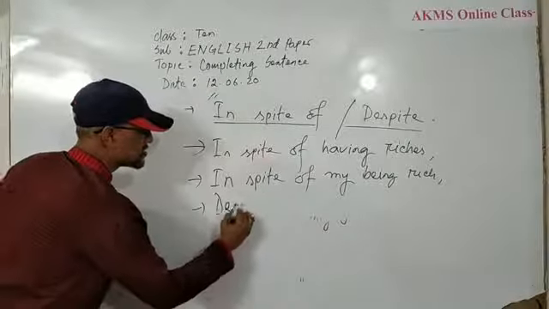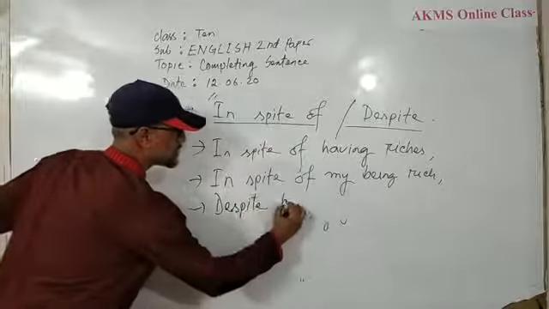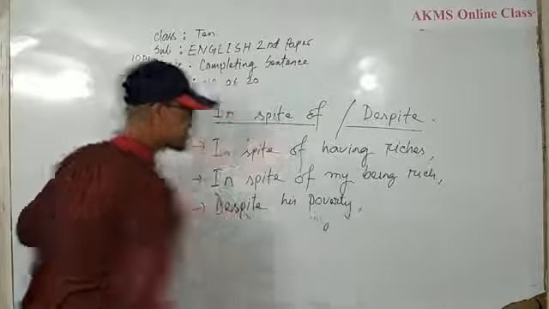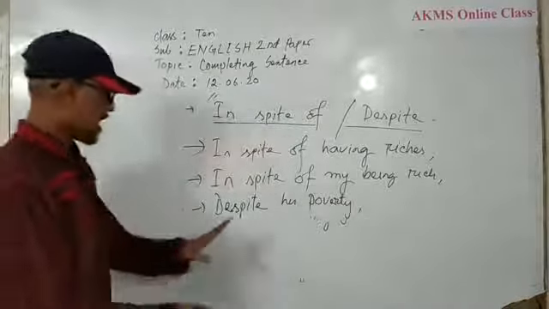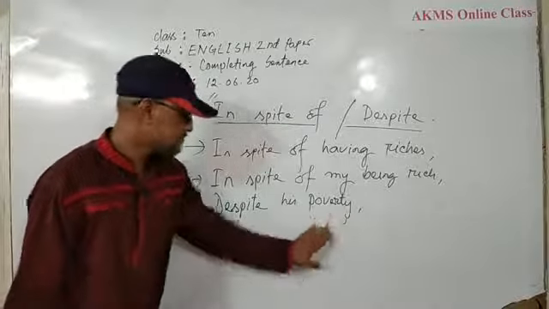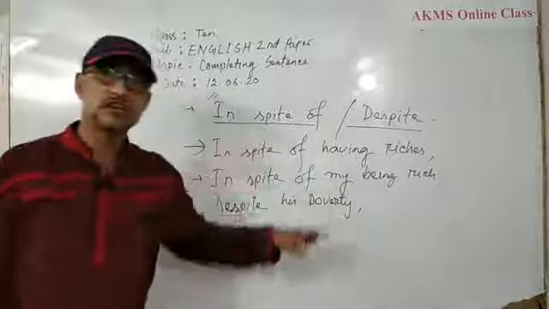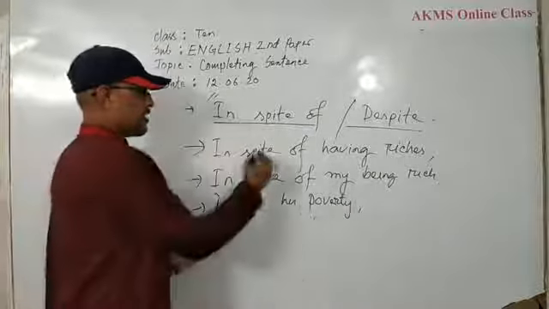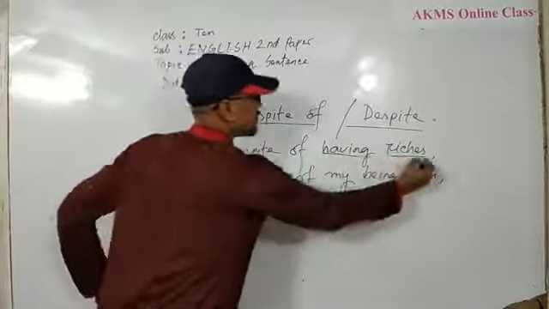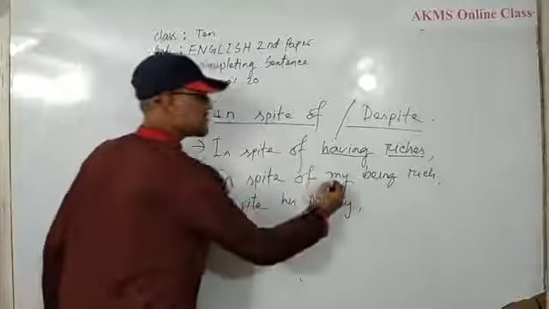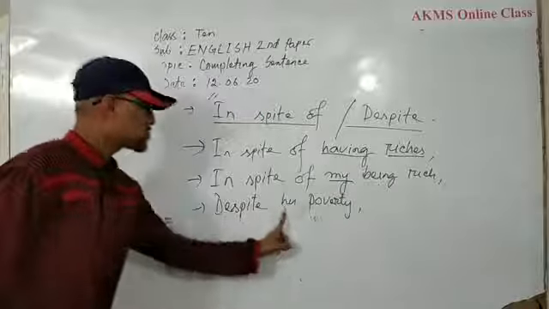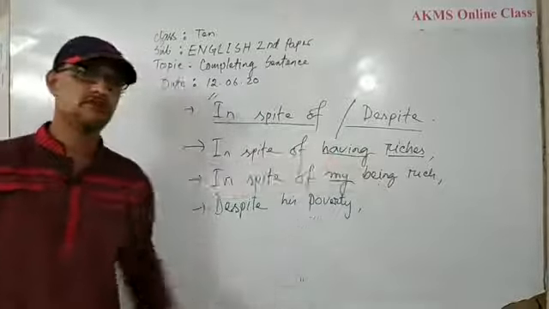I am using despite here. Despite his poverty. What have I used? After despite, I have used a possessive form and a noun. These are the structures of a phrase. After in spite of, the examiner may give you ing form and object, a possessive form, ing form and object, or possessive form and noun.